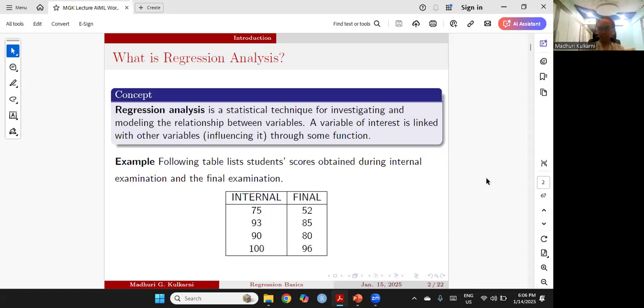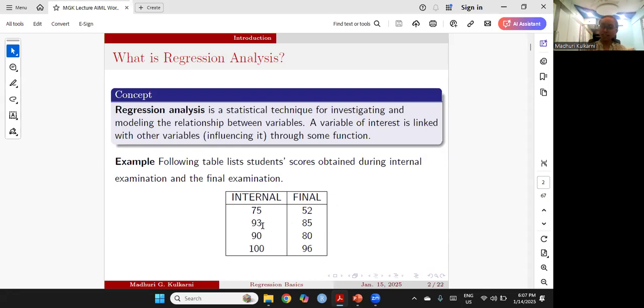Let us consider a table as shown here. The table contains internal scores and final scores of some students in a subject, say mathematics. The first student has got 75 marks in the internal examination, whereas in the final examination he has got 52 marks.